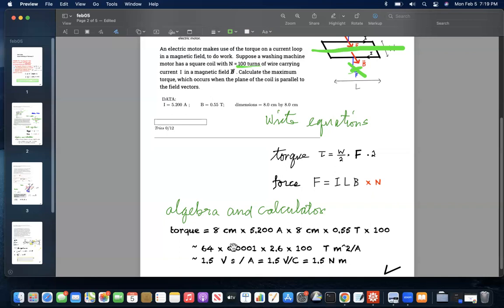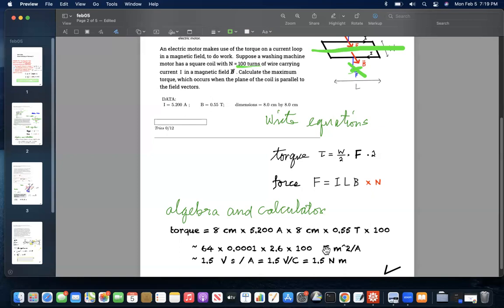So I'm not sure where I went wrong here in the units, but anyway, the unit should be the unit of torque, which is force times distance. And I should look a little more carefully at the units.